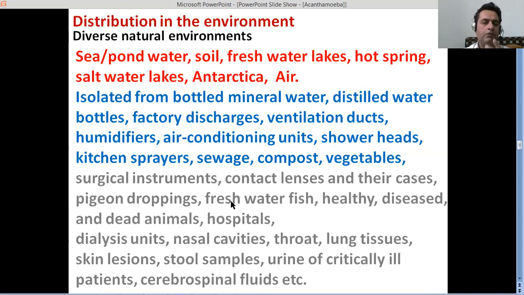So if you receive some kind of injury to your eyes, and then you are washing it with contaminated water, then of course you can get infected with this particular parasite. It also can cause some airborne infections as well.